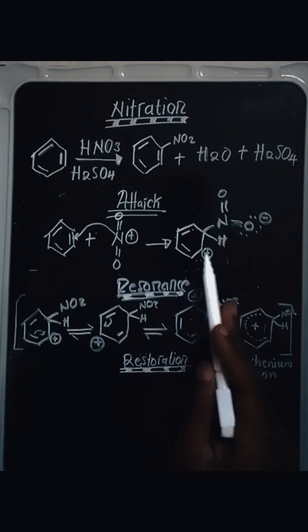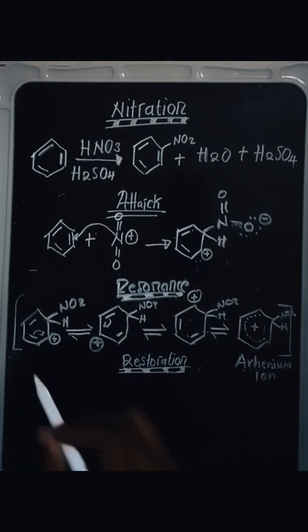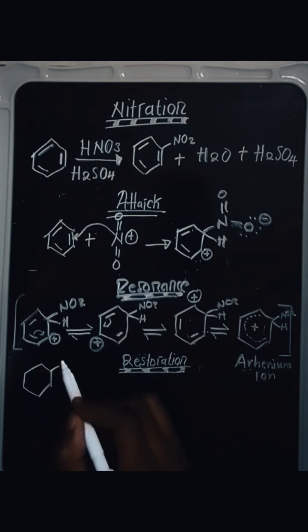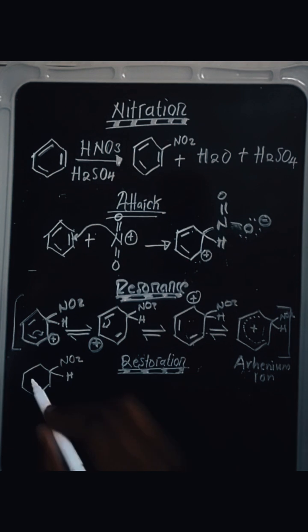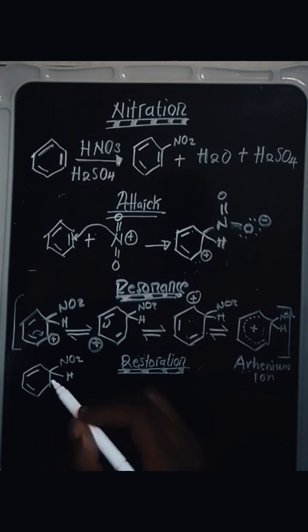It's now sp3 hybridized, and so it's tetrahedral. So how do you restore aromaticity? You start with that same structure. So there it is. For simplicity, I'll just say NO2, but in an exam, please draw the full structure. Like that, right? Here's our positive charge there.